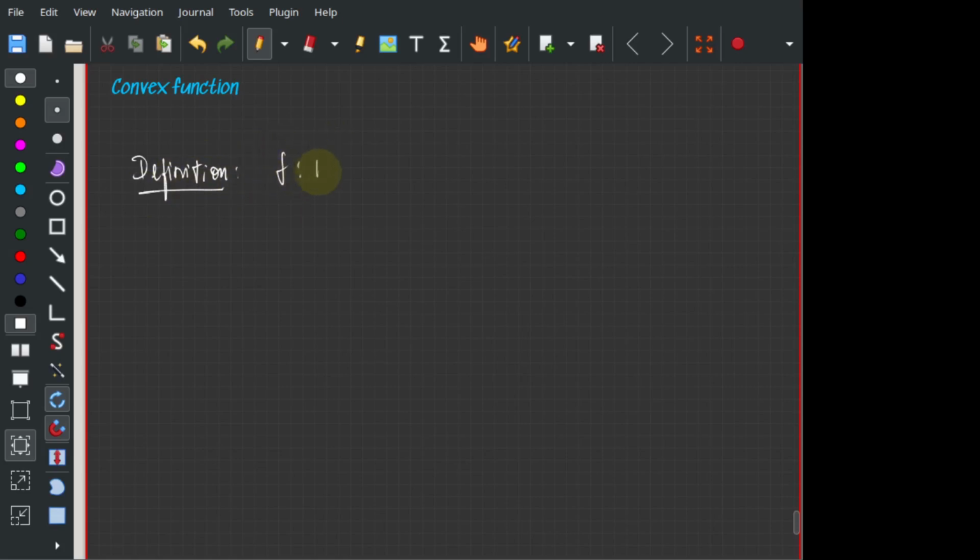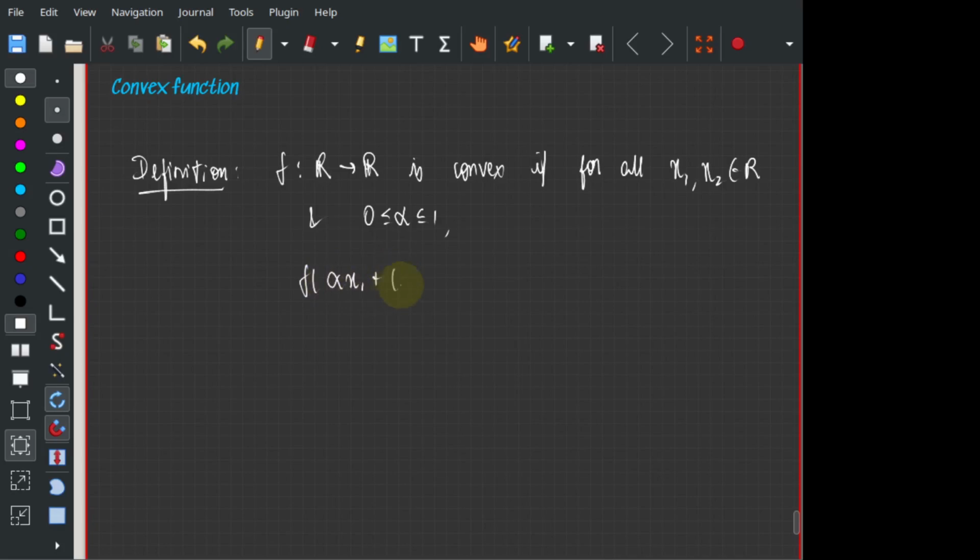We say that a function from R to R, the set of real numbers to the set of real numbers, is convex if for all x1 and x2, you take any two real numbers, and you take any number alpha between 0 and 1, we have f of alpha x1 plus 1 minus alpha x2 is always going to be less than or equal to alpha times f of x1 plus 1 minus alpha times f of x2.